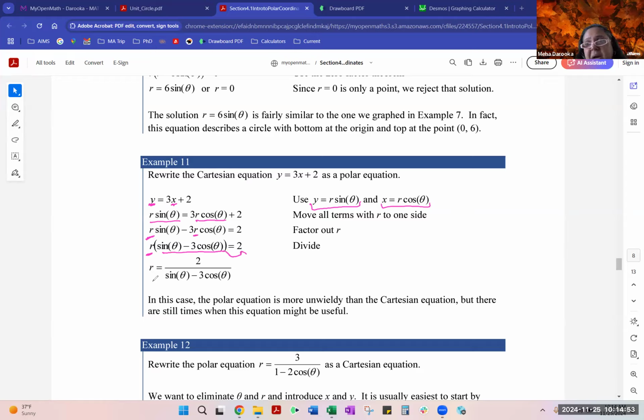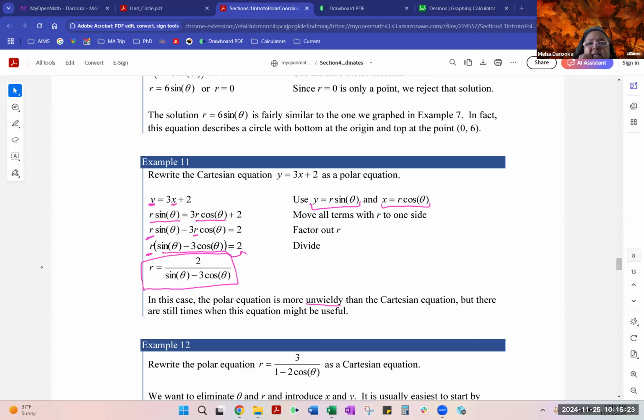Again, we're always trying to isolate the r variable here, guys, and this is what the equation comes out to be. So it definitely looks a little bit different than any of the previous polar equations we have come up with. But, as they're saying, the polar equation is more unwieldy than the Cartesian one, but there are still times when this equation might be useful.